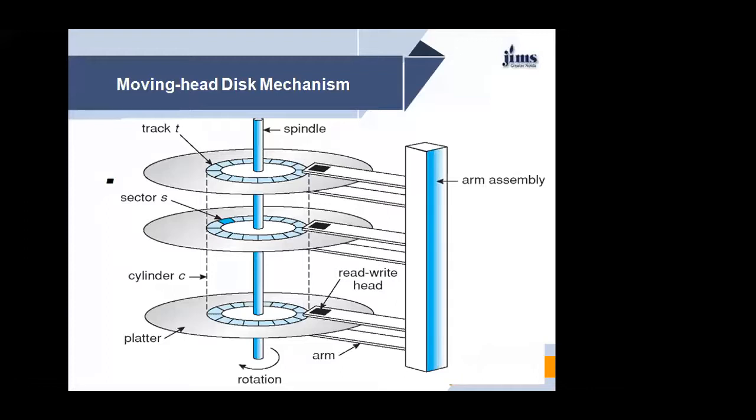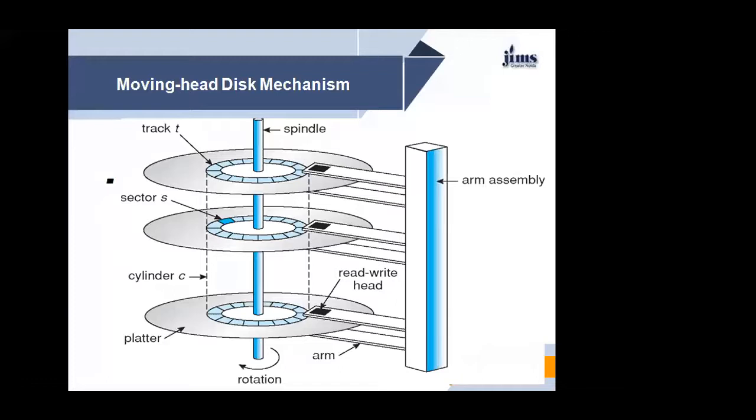In each platter, you can see different tracks and sectors, and these all are inside this cylinder. In this arm assembly, there is one read write head which will read all these tracks.